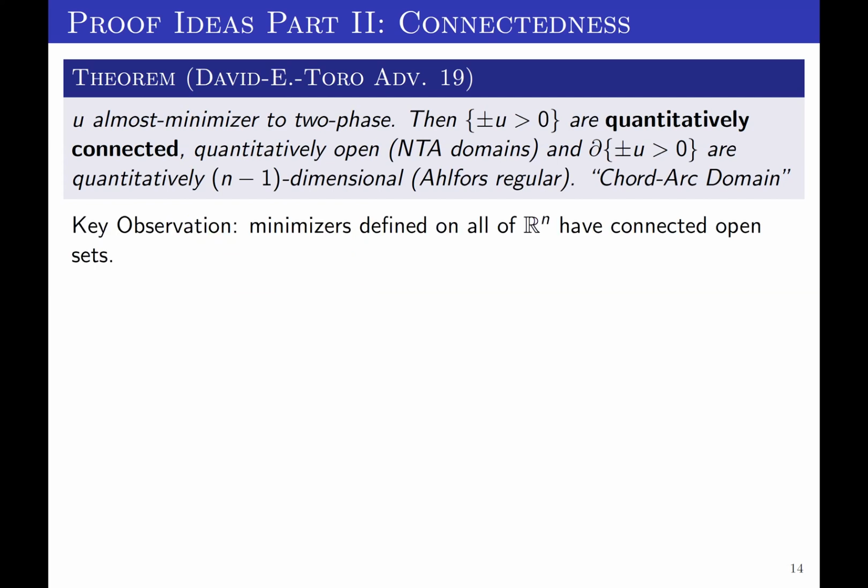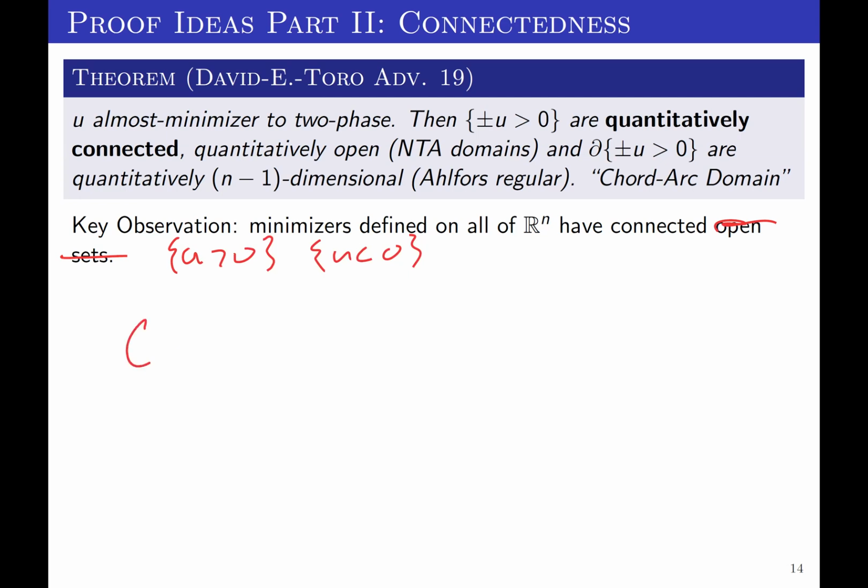The key observation in proving this is that if you're a minimizer defined on all of R^n, you have to have connected positive and negative sets.